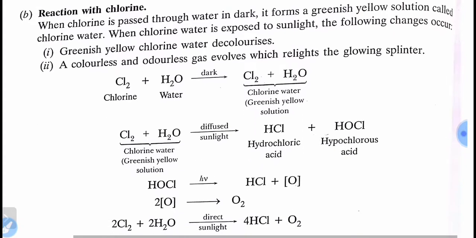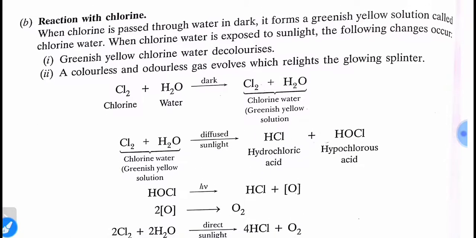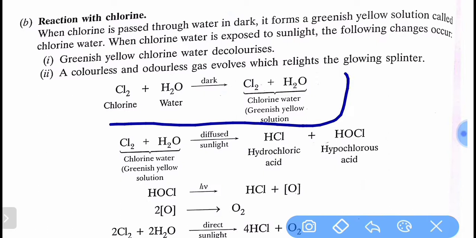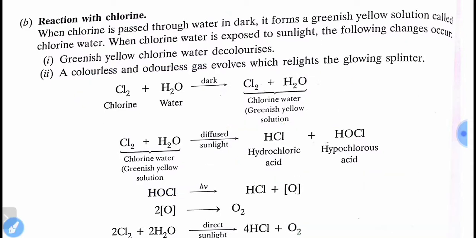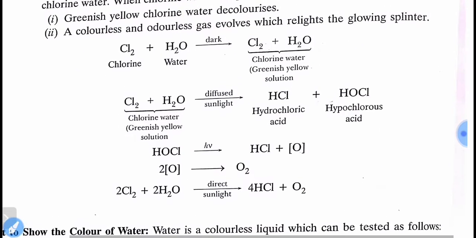If you see the reactions, chlorine is in a greenish solution, then in diffused sunlight Cl2 plus H2O forms HCl plus hypochlorous acid.